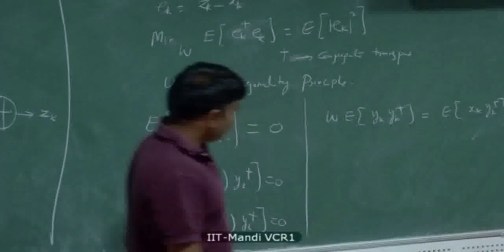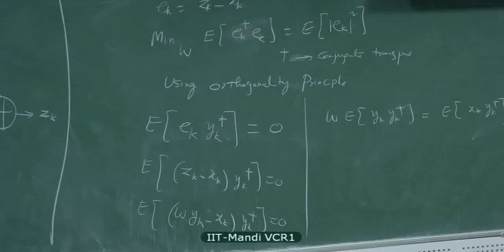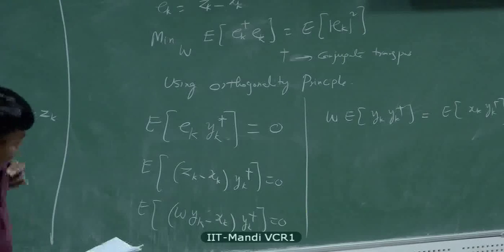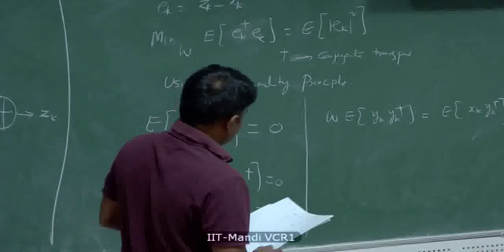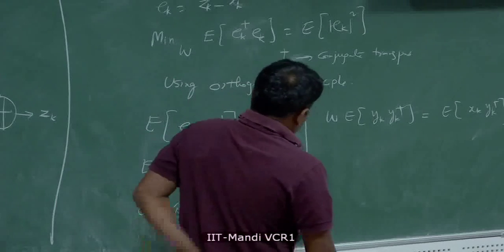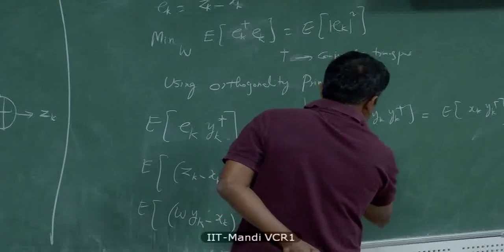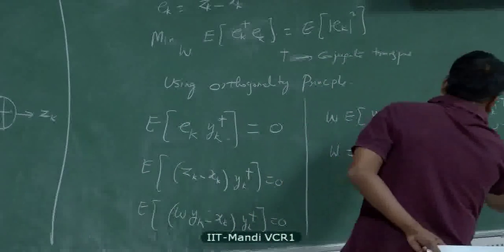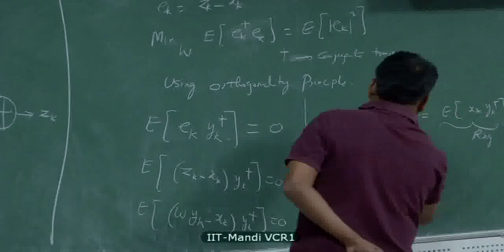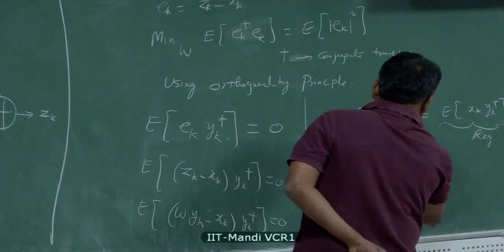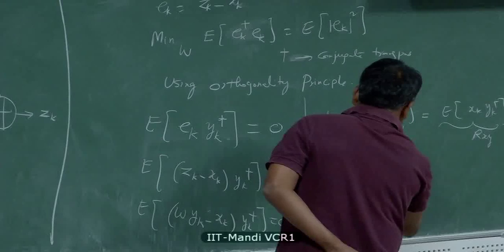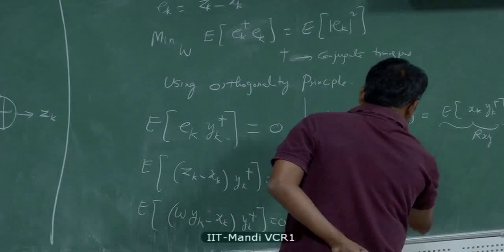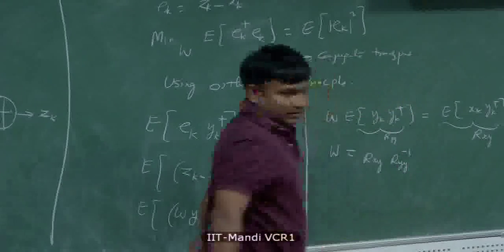Do you agree with this? Okay. And W can be written as this. We'll call it RXY, and we'll call this RYY. So W will be RXY multiplied by RYY inverse.